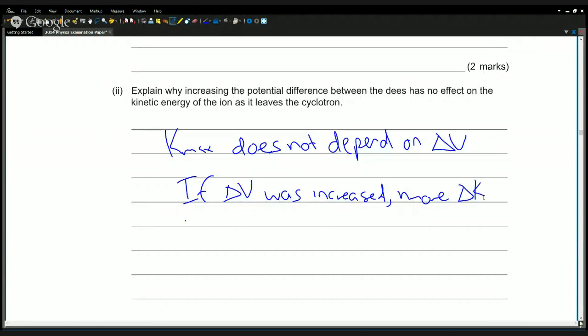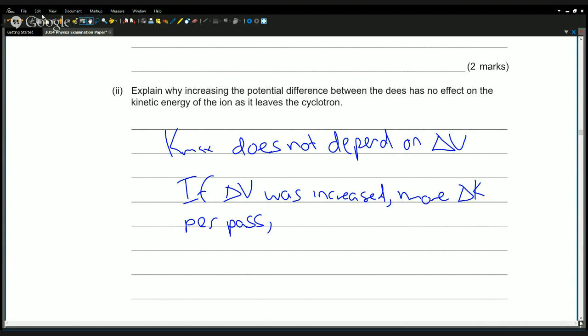More KE per pass, and that infers it will reach R max.